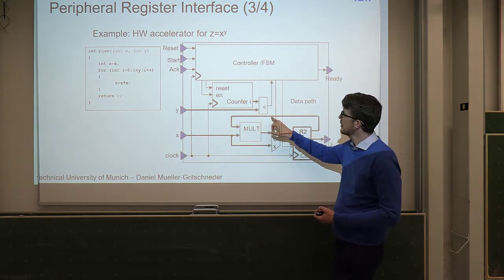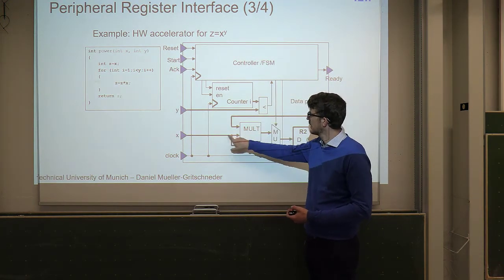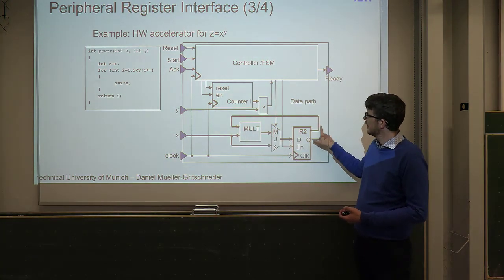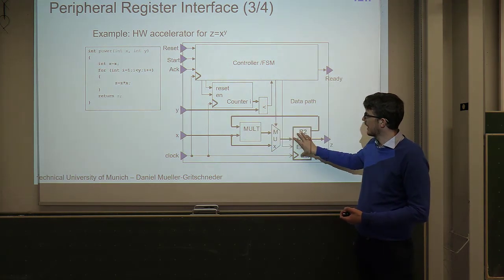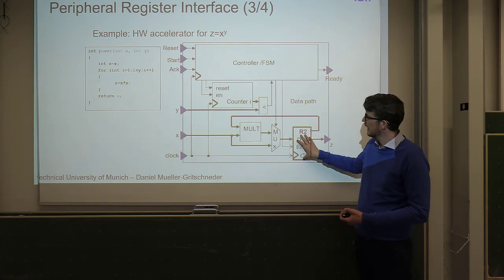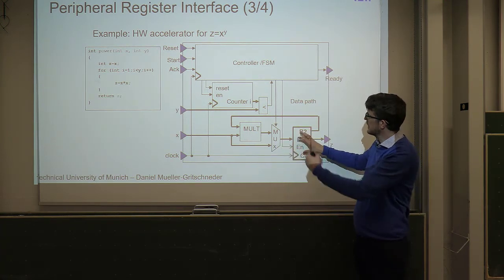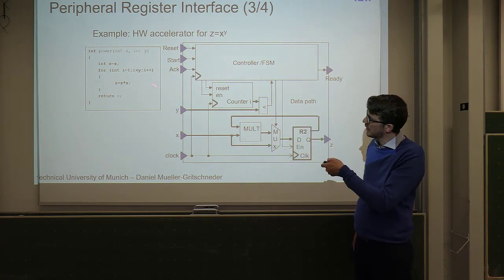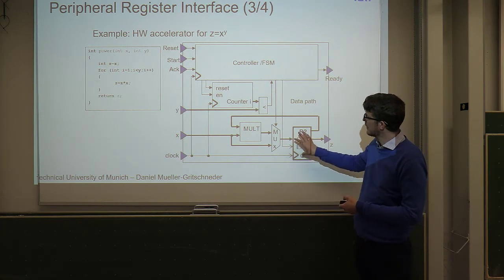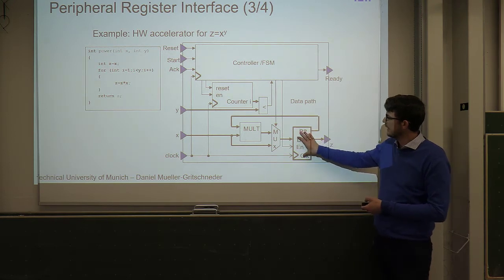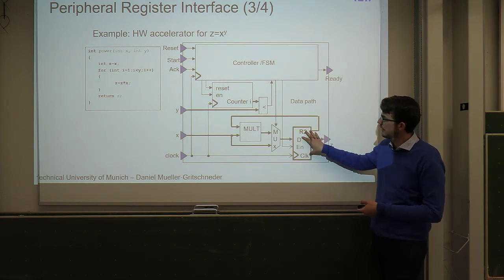While it counts up, each time it takes x and multiplies it with the value it's holding, which we call set here. Set is first set to x, and afterwards you always take x and multiply it with the value stored in set, and then you're basically doing the same computation as here. In this register you have the value for set, and over the set port you can read the value of set to the outside.